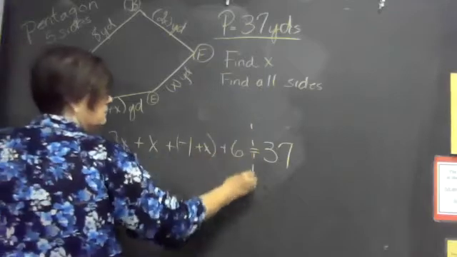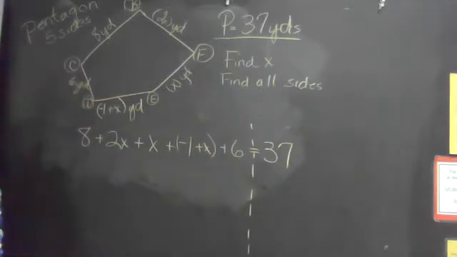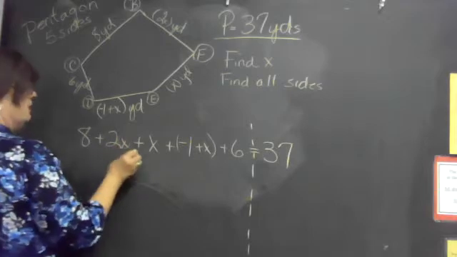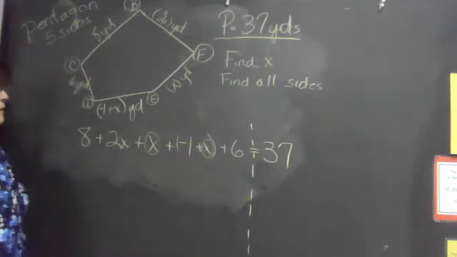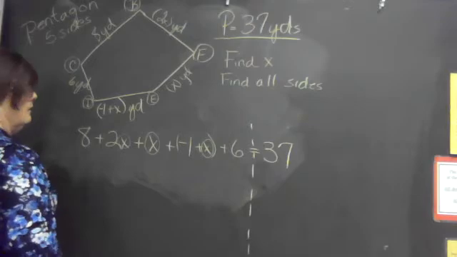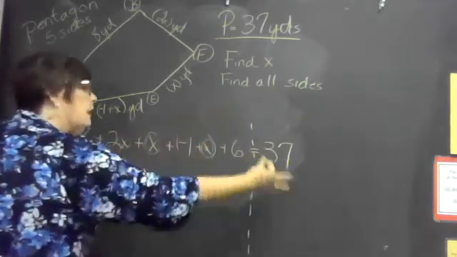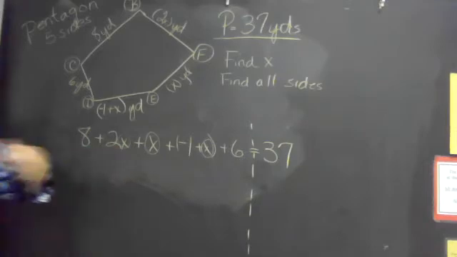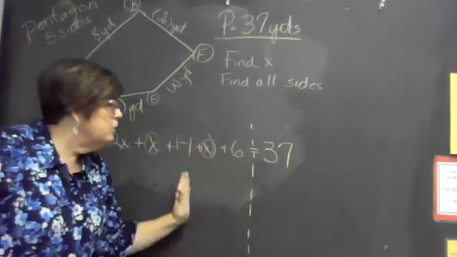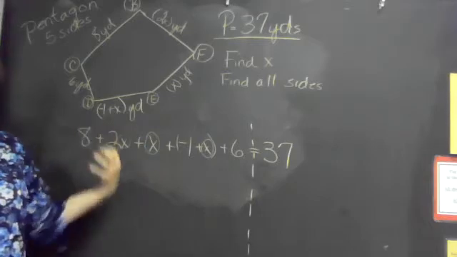Now, we draw a line down through the equal sign, right? And then we circle our variables, just like we've always been doing. Up until now, we've had some X's here and X's there. But on this problem, notice, here's the division line, one side and the other side. All of the X's are on the same side.